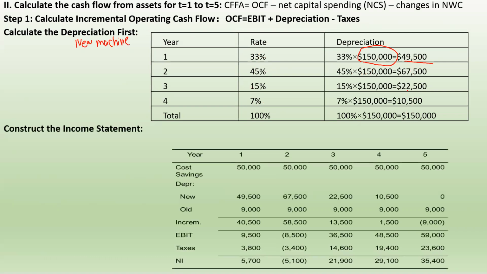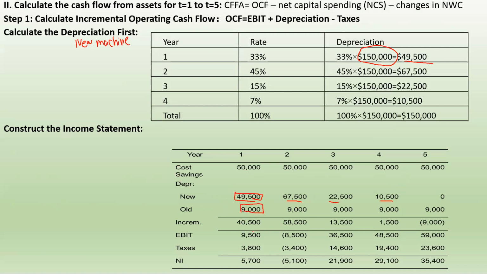And the income statement. So the cost saving each year is 50,000 over the next 5 years. The new depreciation is this amount. The old depreciation is 9,000. So the incremental depreciation is the difference between those two. Because you will do the depreciation for the new one, but you will save the depreciation for the old one.